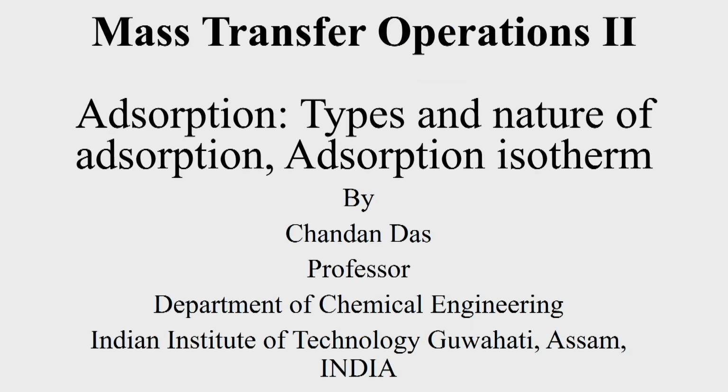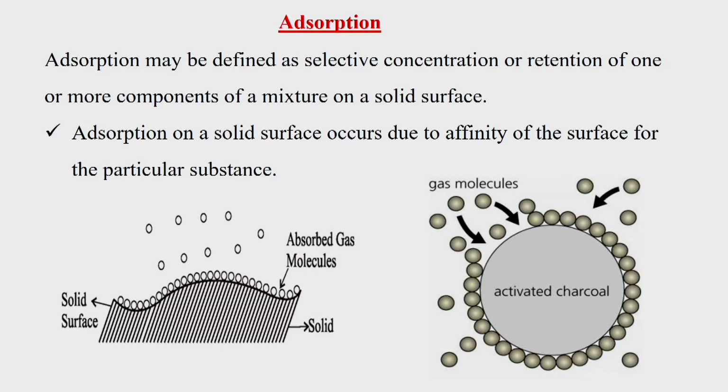Okay. So, now we will be discussing the basic knowledge about adsorption, the types and nature of the adsorption process, and adsorption isotherms. In the beginning we need to understand the phenomenon of adsorption. This is one of the mass transfer operations, and previously in Mass Transfer Operation 1 we learned the process of absorption.